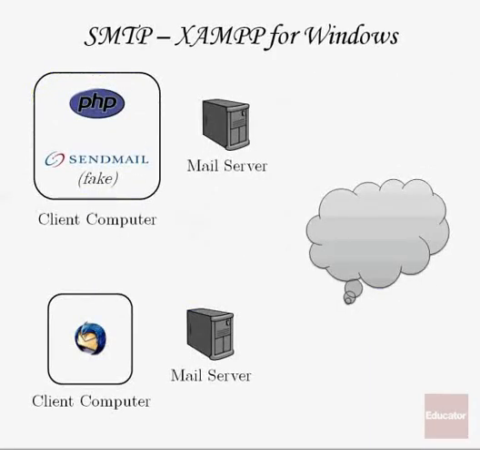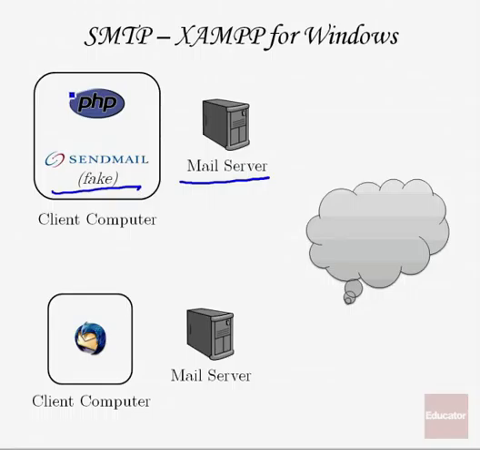So let's take a look at how this Fake SendMail program changes things when working with XAMPP for Windows. As you can see in this diagram, we have our mail server back, and we also have Fake SendMail in the diagram as well. Using the Fake SendMail program is a hybrid approach to sending email in a Windows environment.